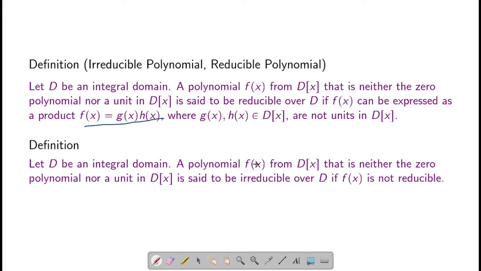Remember that we define reducibility and irreducibility only over the class of polynomials which are non-zero and non-units in D[x].